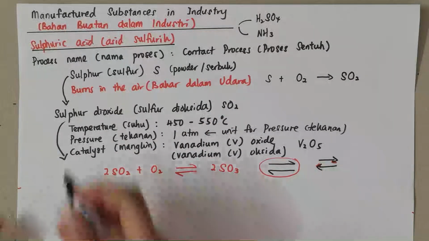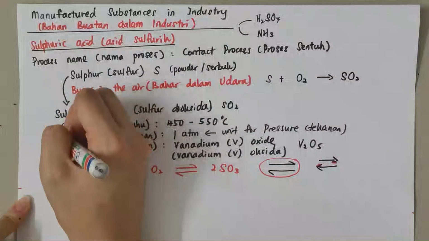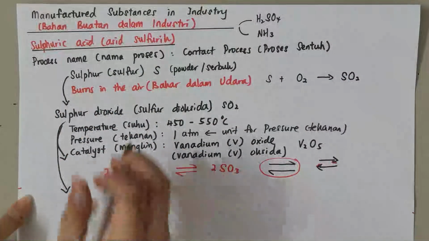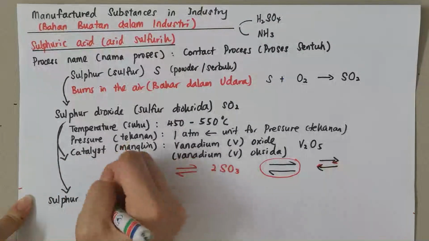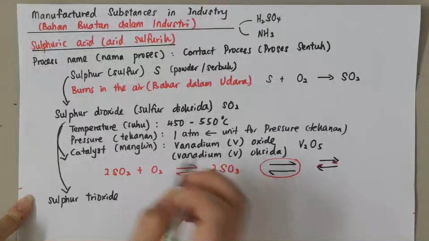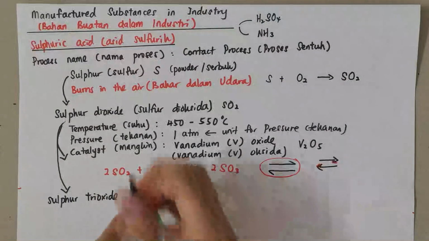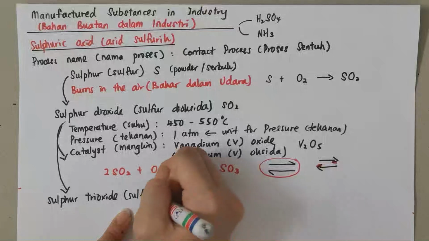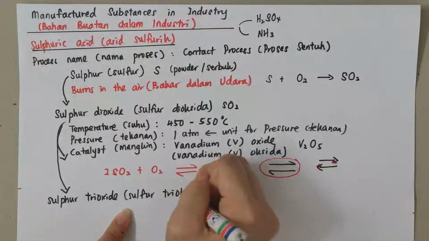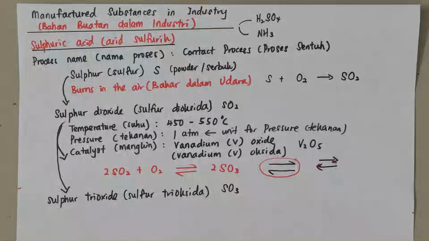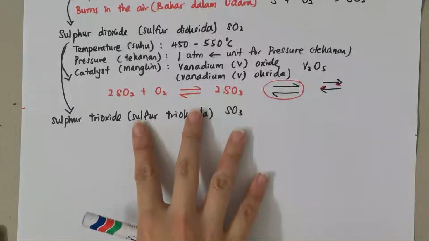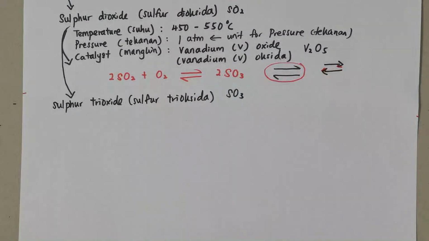That's why in the next step, the longer arrow here leads to sulfur trioxide, SO3. Sulfur trioxide will undergo another process. We do not have a name for this process.